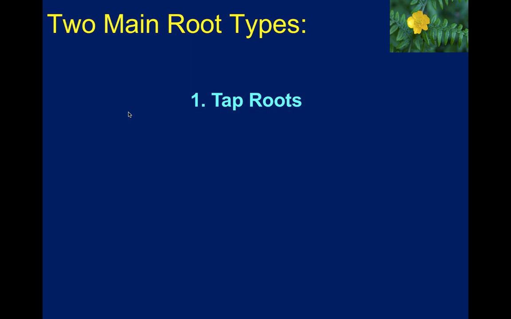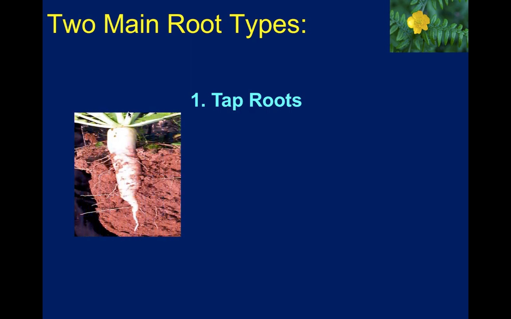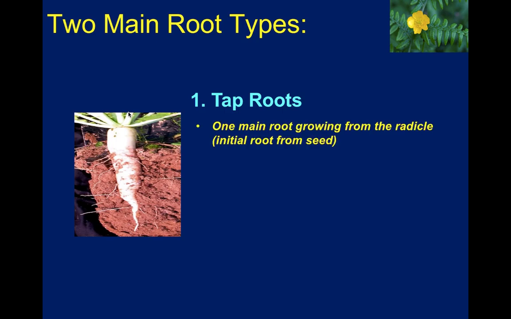So tap roots, you find them in carrots, and essentially it is one main root growing from your radical, which we saw in our previous picture, and you will have lateral or secondary roots emerging from your primary root.